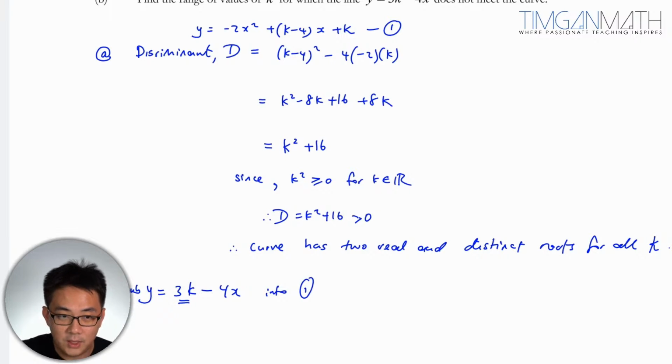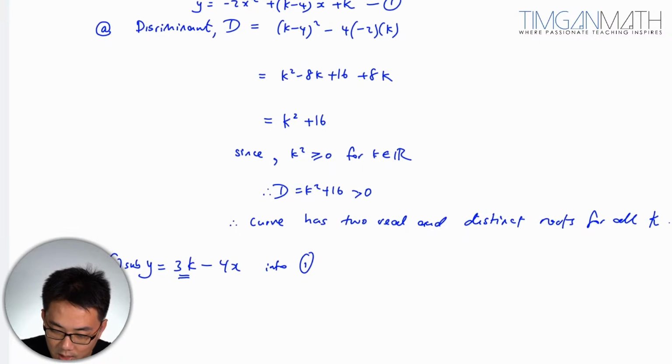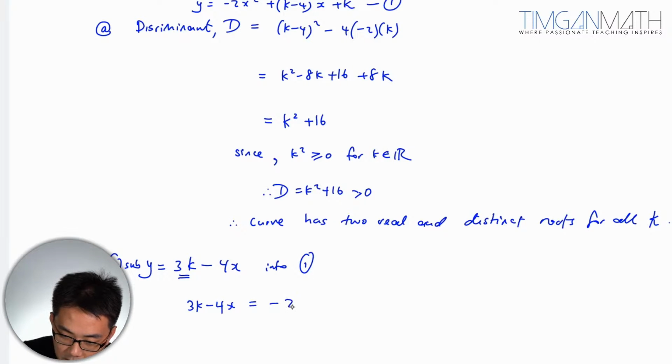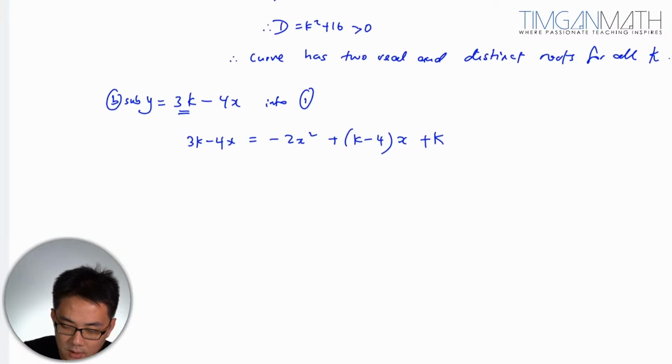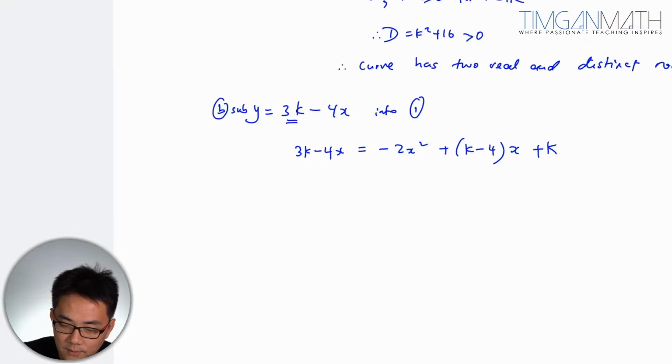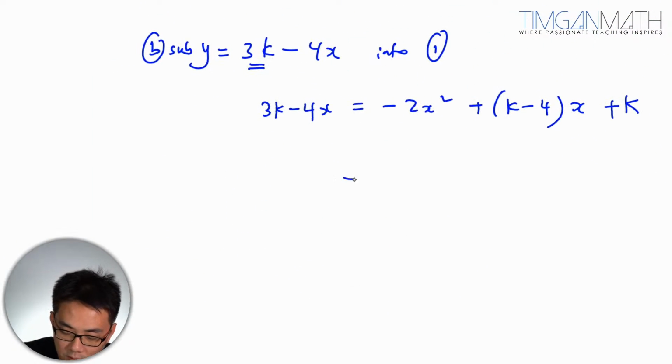So this will be my y: 3k minus 4x equals minus 2x squared plus kx minus 4x plus k. Okay, so once done, what we need to do is move everything over. I just want this to be positive, it's easier. So this is plus 3k. So maybe I just do this properly.